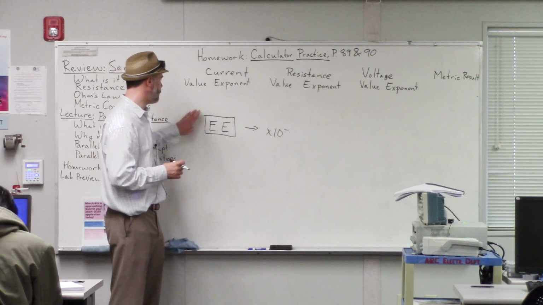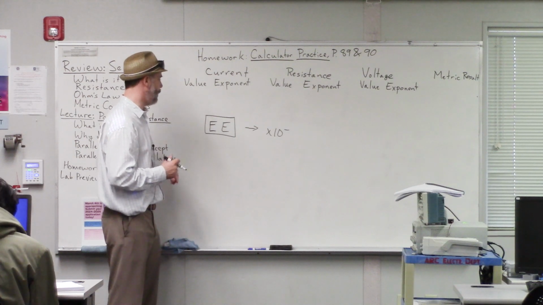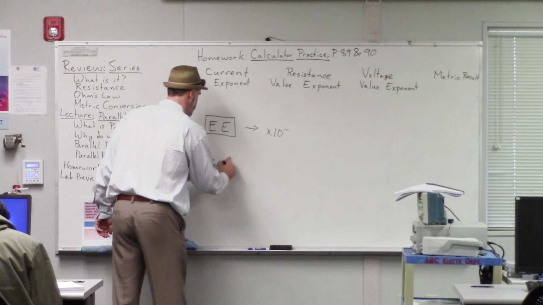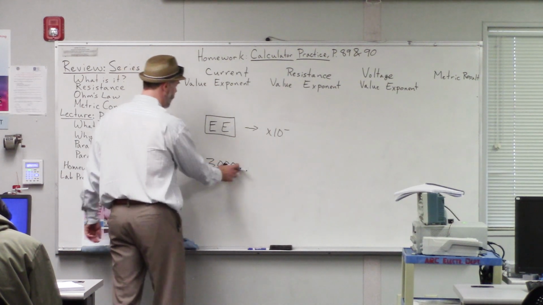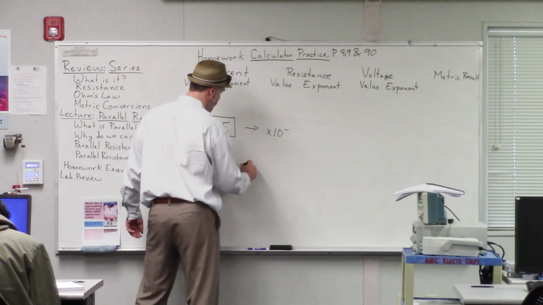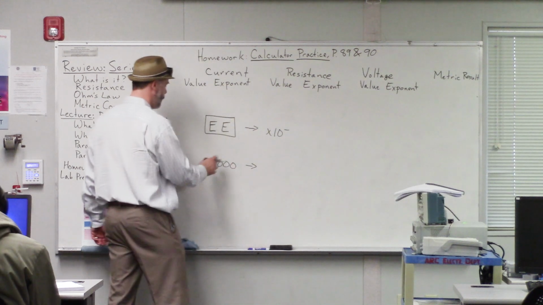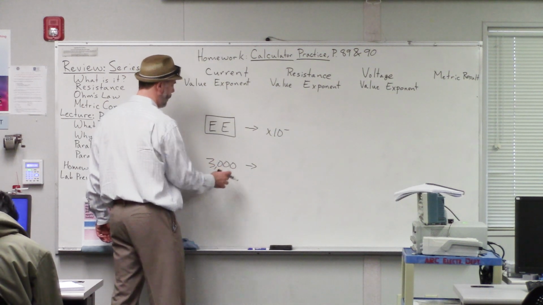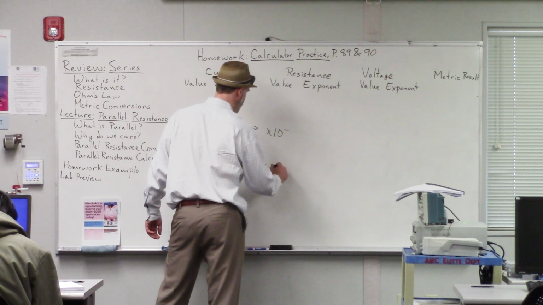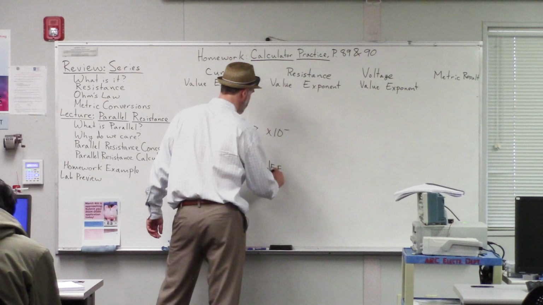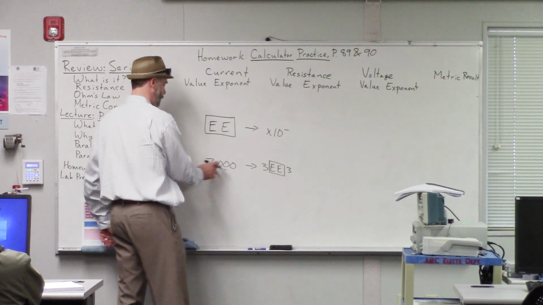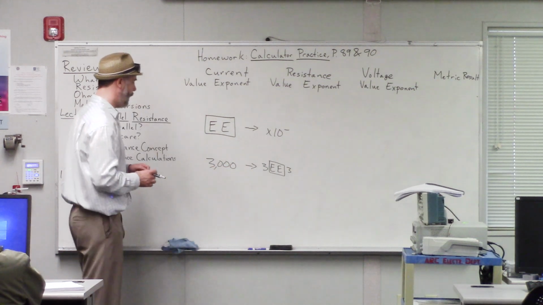So for instance, if you wanted to write 3,000, that's a 3 followed by 3 zeros. You could just type it out, 3 and then 0, 0, 0, or you could write 3 and then push that EE button on your calculator and say 3. 3 followed by 3 zeros, okay?